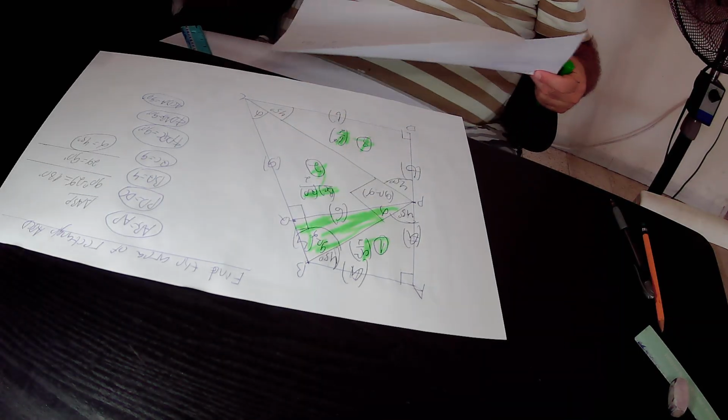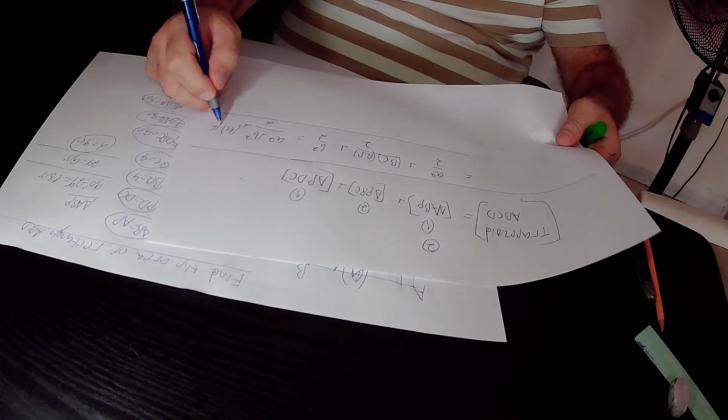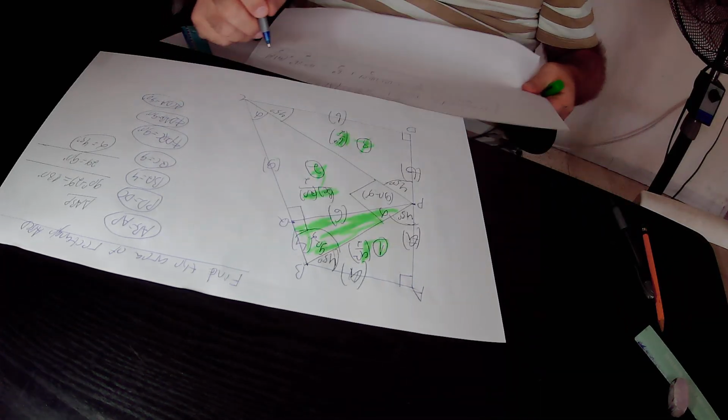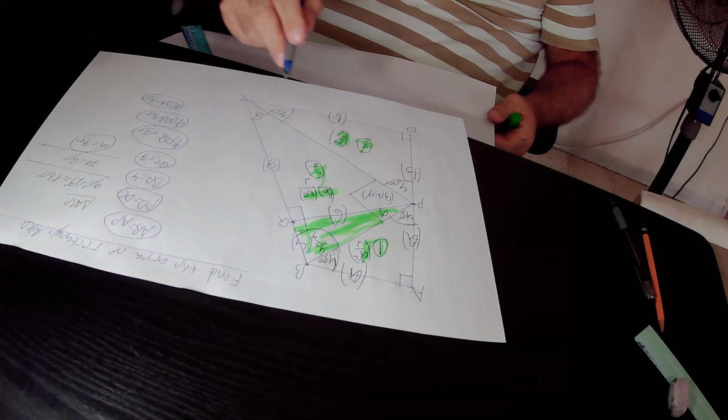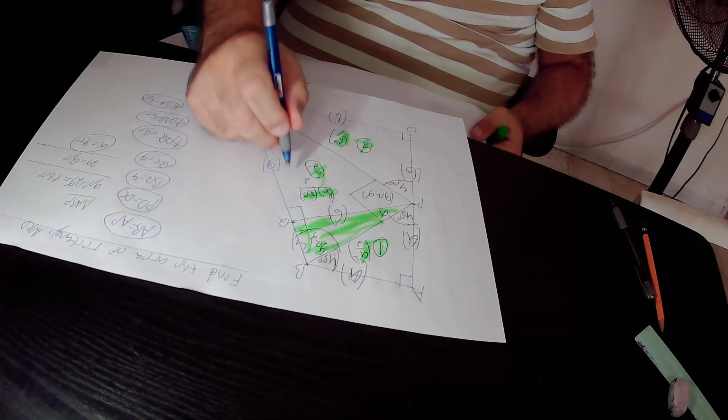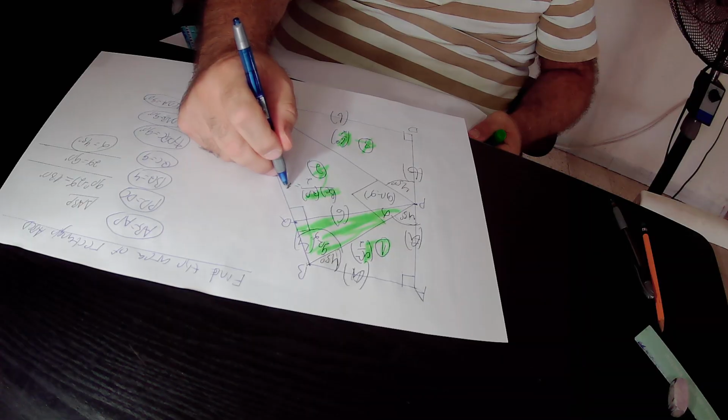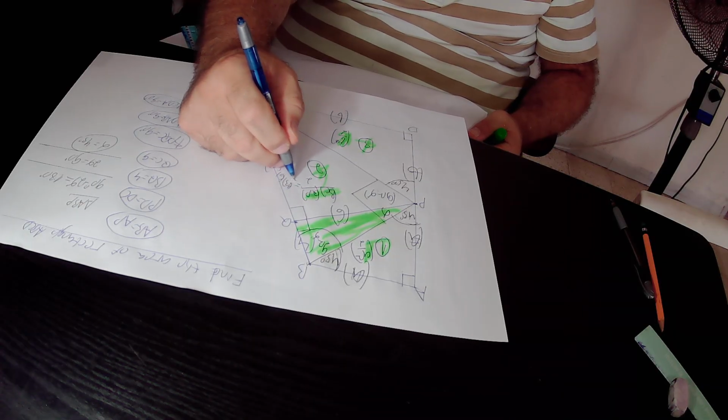QP is 6, divided by 2. So in total, the area of the big right triangle PBC is equal to 13 times 6 over 2.